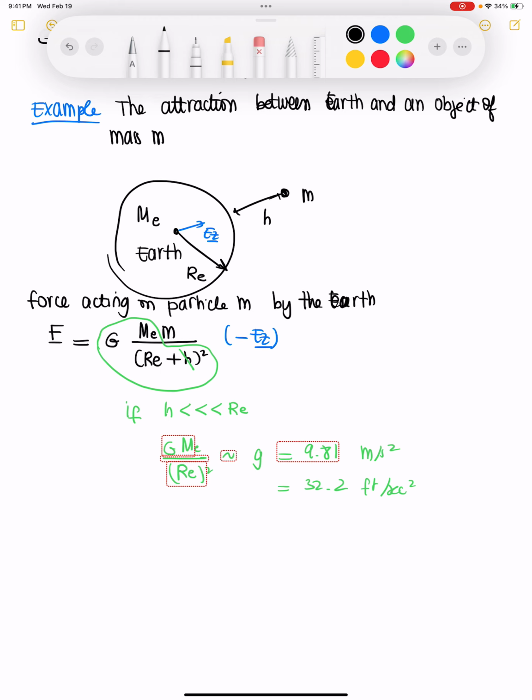So that's just the regular equation: F is equal to minus mg EZ, that we know for the weight force.